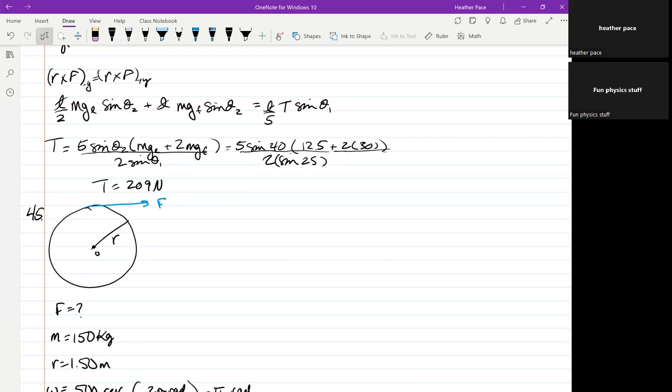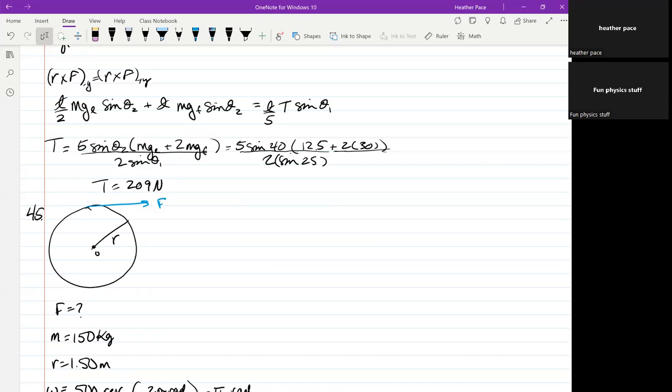That equals L mg of the foot sine theta 2 plus, because we've got the foot and we've got the leg, 1/2. They said the center of gravity for that part of the leg was 1/2 of the leg. So we have 1/2 L mg of the leg sine theta 2. So we're going to rearrange this equation to solve for T.